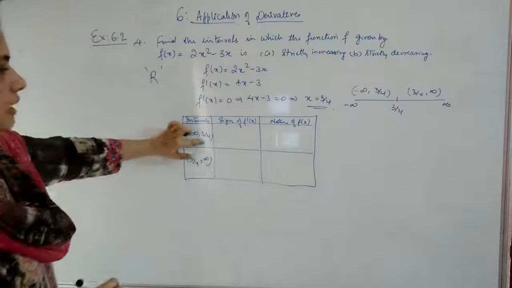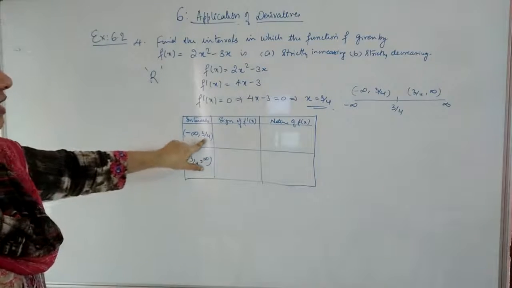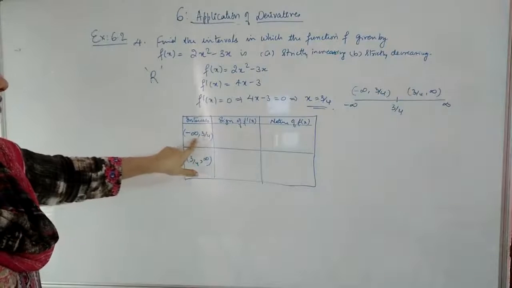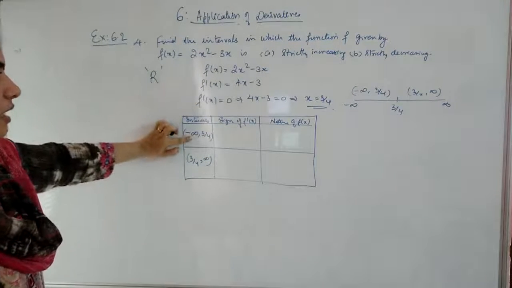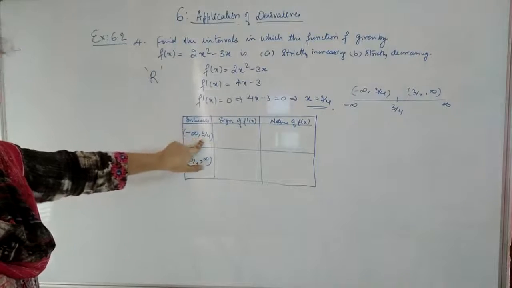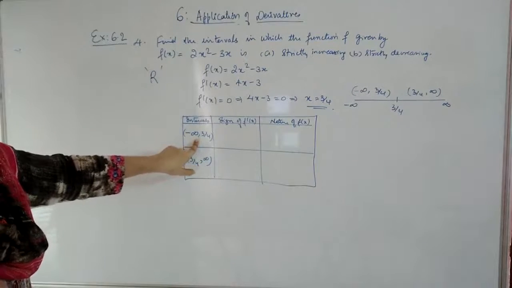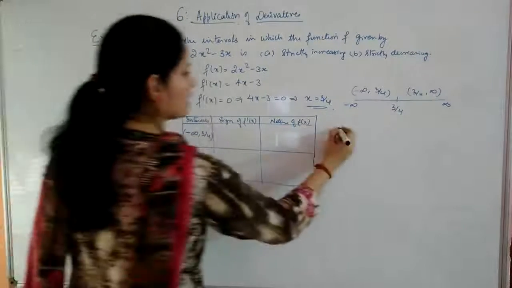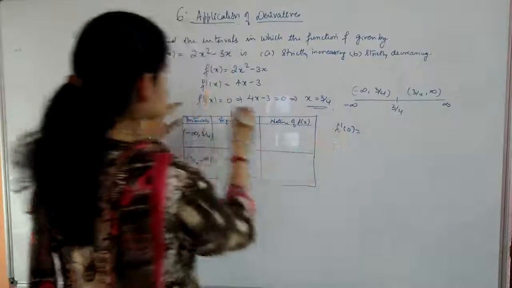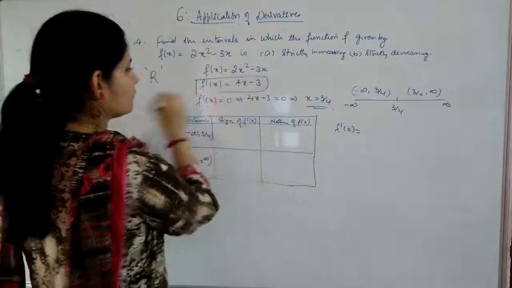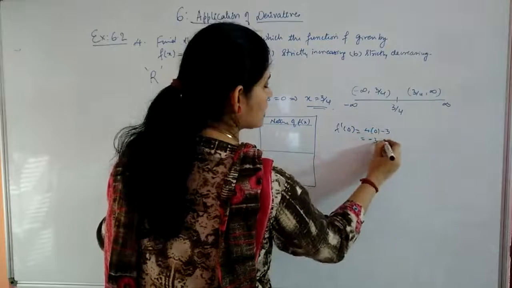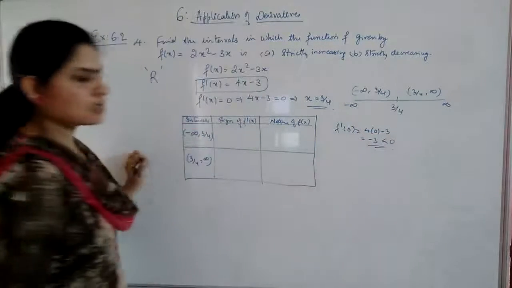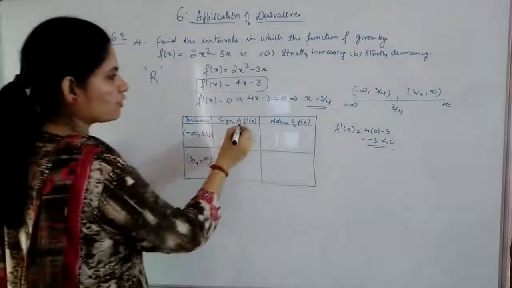Now you can take any value between minus infinity and 3 by 4 so that you can check the sign of the function. Suppose I take 0, which lies in between. Then f dash of 0 is 4 into 0 minus 3, which is negative.